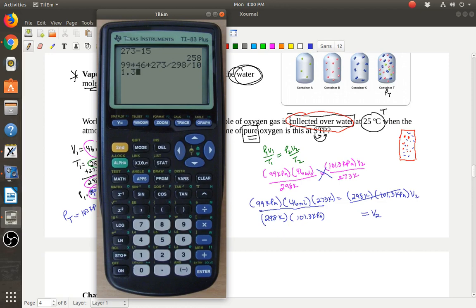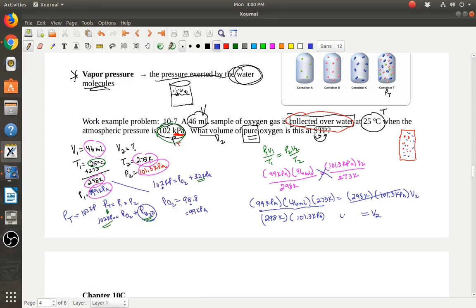This might need to be in brackets if that's going to cause you a problem. 41.18. Yeah, remember, it's order of operations. If you have to put this in brackets, do that. But otherwise, divide by this and then divide by this again. Now, significant figures is only 2 because all the measured values only have 2. So it's just 41. 41 milliliters is V2.